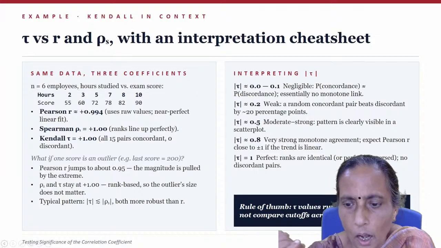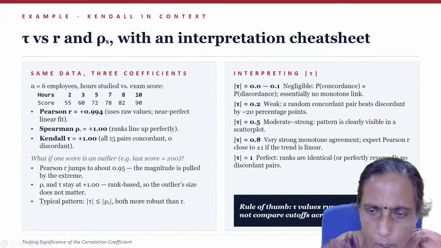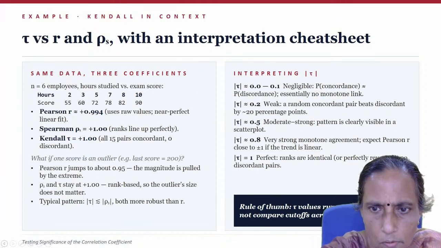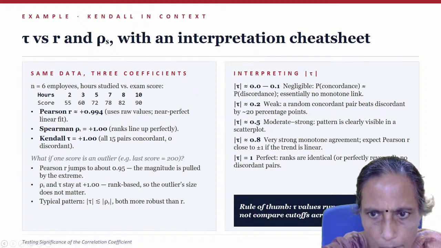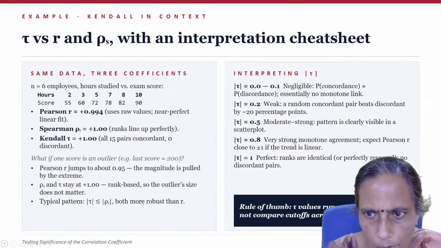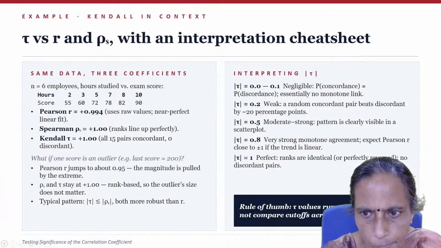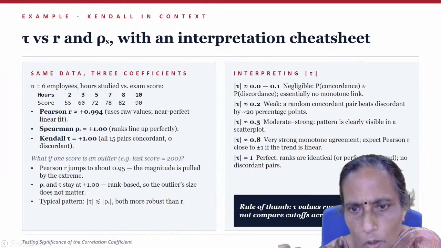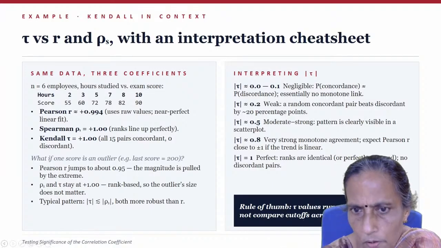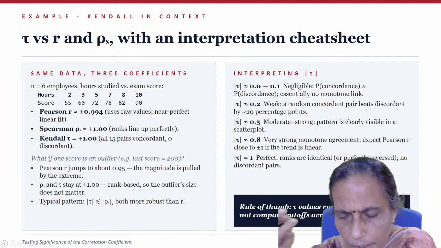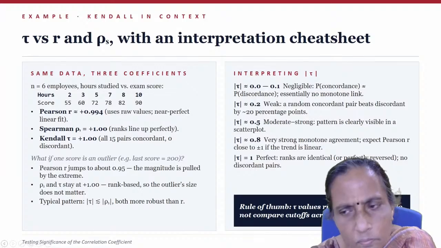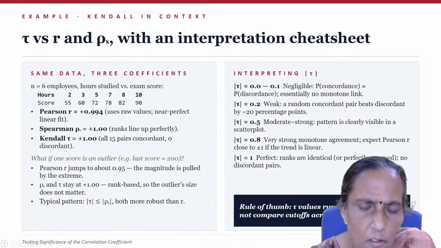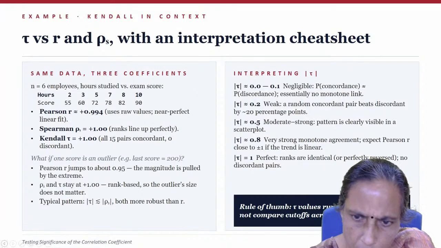Pearson's R. Interpreting the tau value: if it is approximately between 0 and 0.1, then it is negligible, that is essentially no monotone link between concordance and discordance. If 0.2, then it is a bit weak, a random concordant pair beats discordant by 20%.